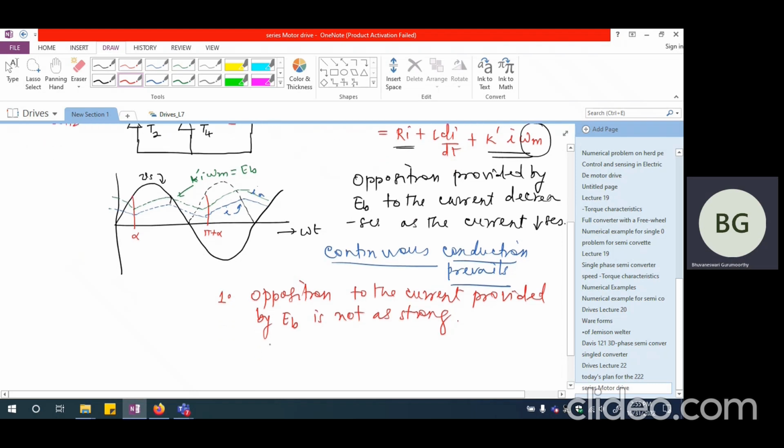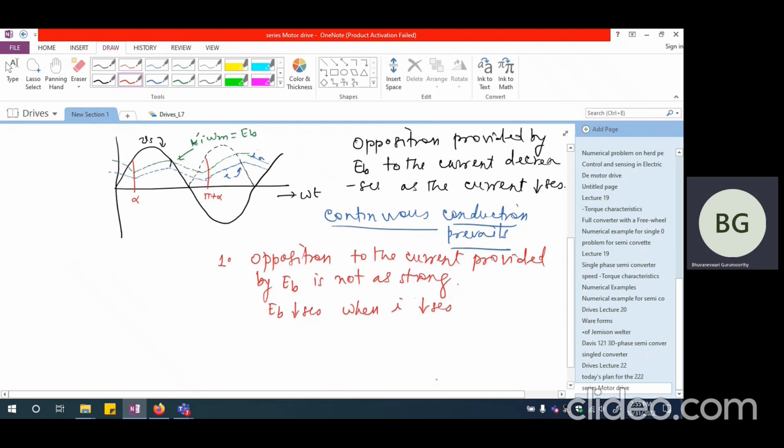EB is going to decrease when current decreases. That is why the opposition provided by EB to the current itself is small. So that is the reason why you are not going to see the current really reaching zero value very easily.